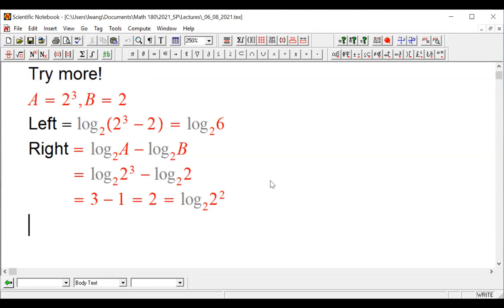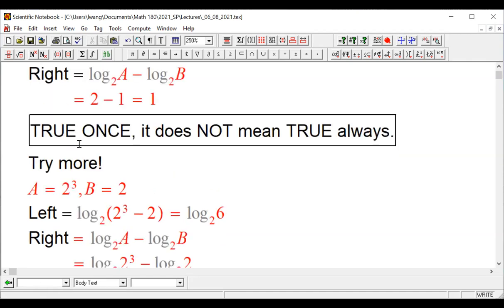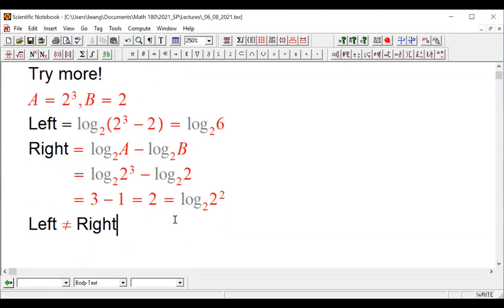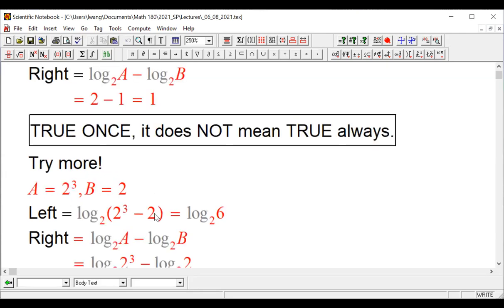Mathematical principles make it very clear: in this case, left equals right is violated. Even though we have a supporting case and a non-supporting case, having one case to support it doesn't mean it is true. So true once does not mean true always.